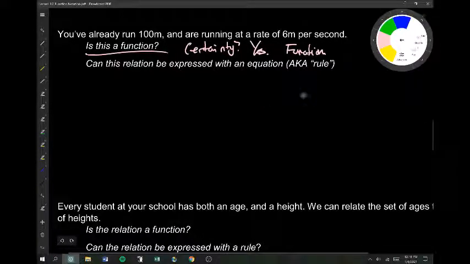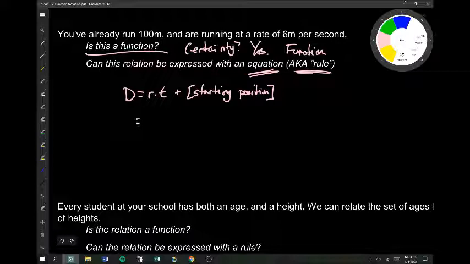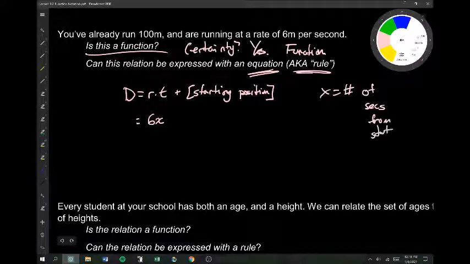So the next question is, can we make a rule or an equation? Again, we can. This is just a distance equals rate times time problem, and remember, you also have to consider your starting position. So the rate, we know, is 6 meters per second, and I'll use x to represent seconds, the number of seconds from now.